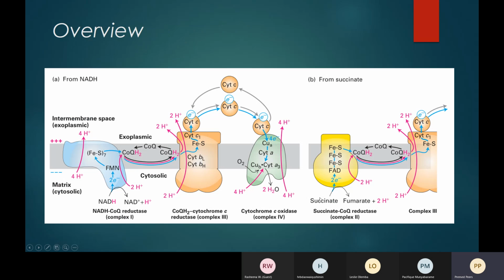Here is the overview of the entire process. Hopefully the book will tell you a little bit more about what all these proteins are, but just to go through the basics here, there are 4 complexes. It goes in order from highest to lowest energy, 1, 2, 3, 4. What we're doing here is we're essentially passing electrons.